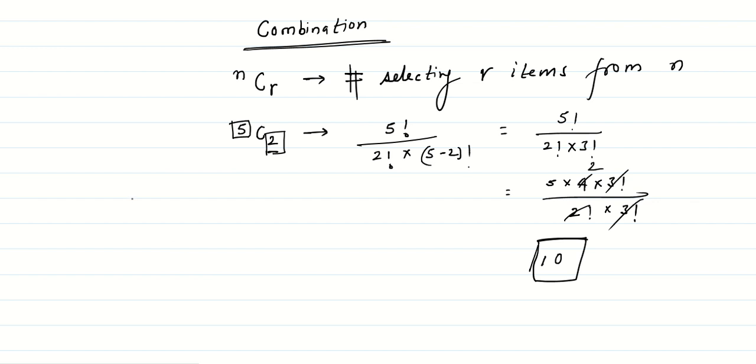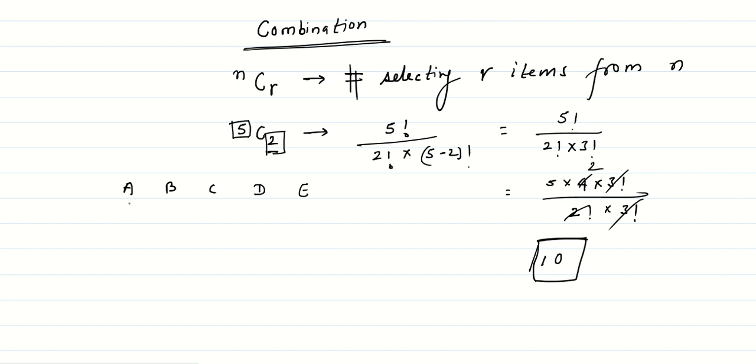I'll give an example. Say A, B, C, D, E. How many members are there? 5. So how many members must I select at a time? Two members, right?